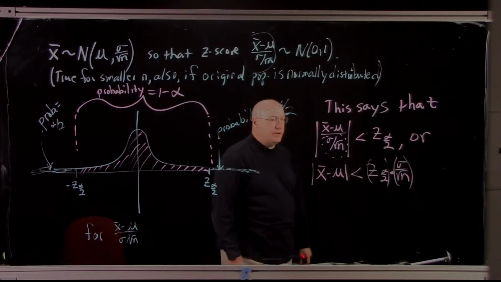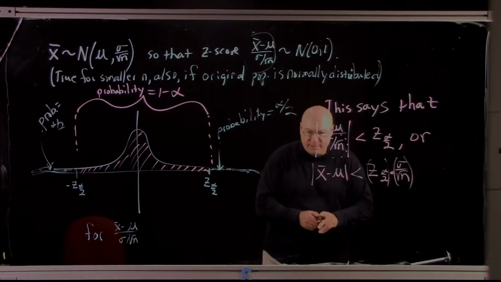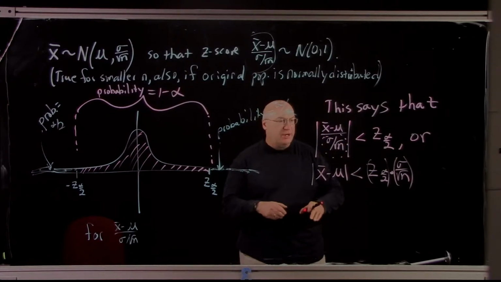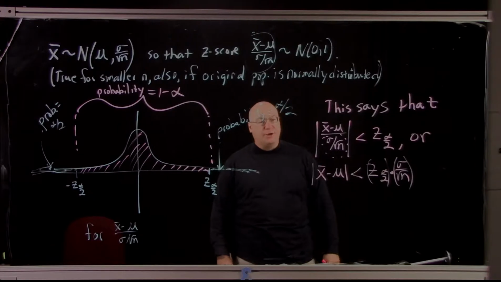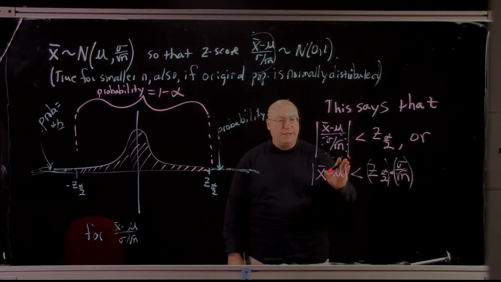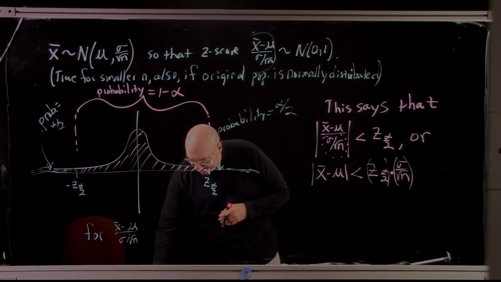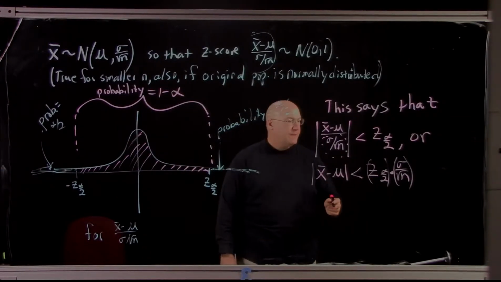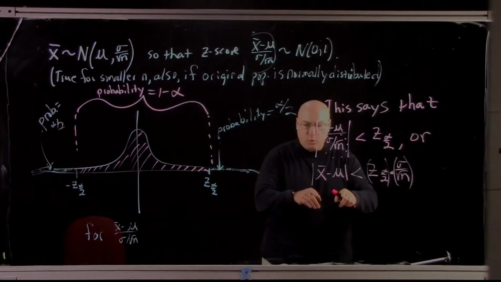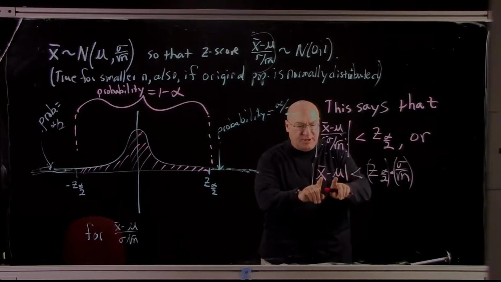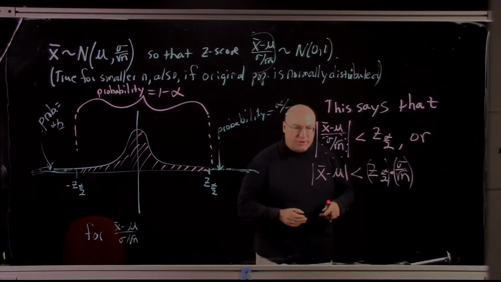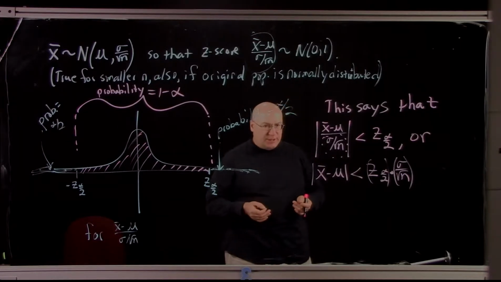Here's where we do maybe the most algebra that we've done. We won't have to do very much here, and then we'll be done with it. Okay, what does this mean? When I take the absolute value of the difference of two numbers, what that gives me is the distance between the numbers.